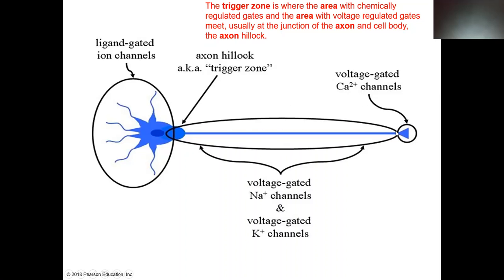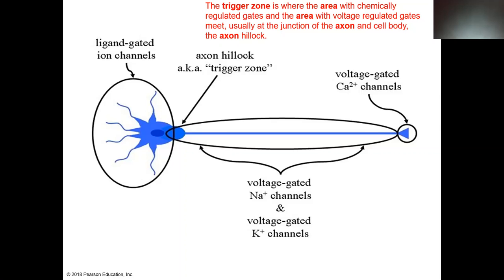But now you need to add also to your picture, down at the end, in the axon terminal, a voltage gated calcium channel. So you've got multiple channels on your picture. You've got leak channels, you've got ligand channels, you've got voltage gated channels, and now you've got these calcium channels that are also voltage gated.